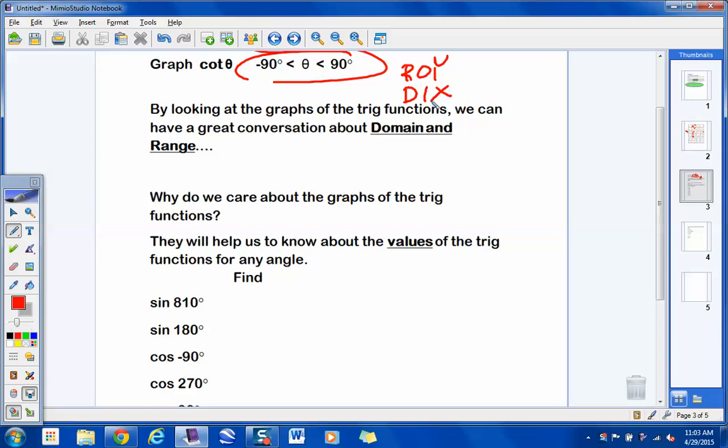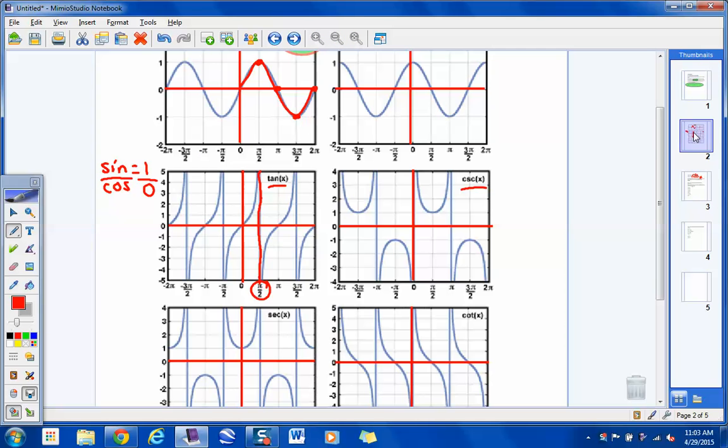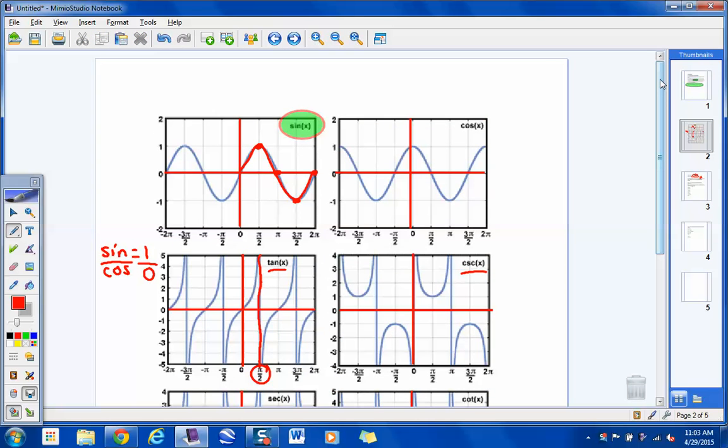All right. So why do we care about these functions? Well, when we start talking about the domain and range, here's what I'm going to get at. The domain: what values of x does this cover if it just keeps going on like this?